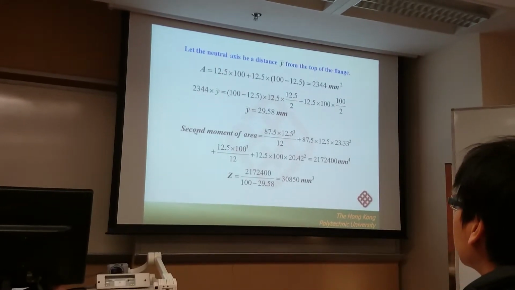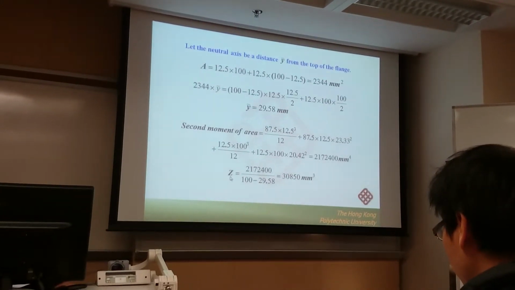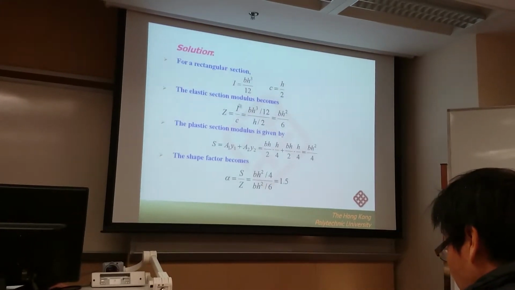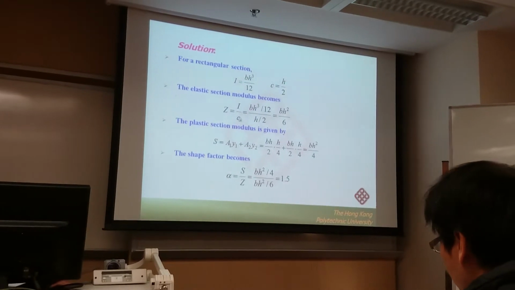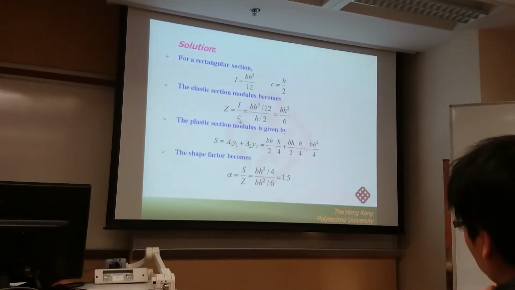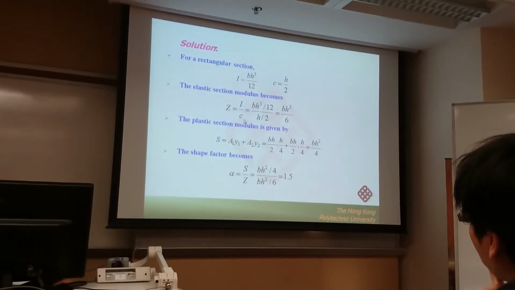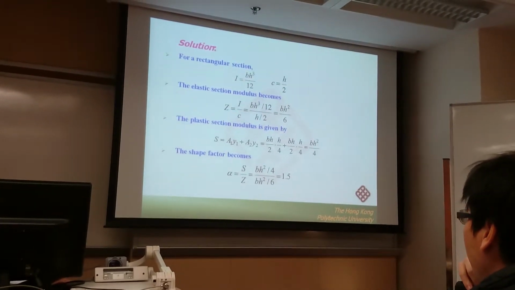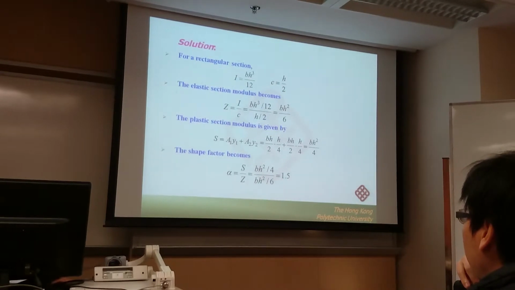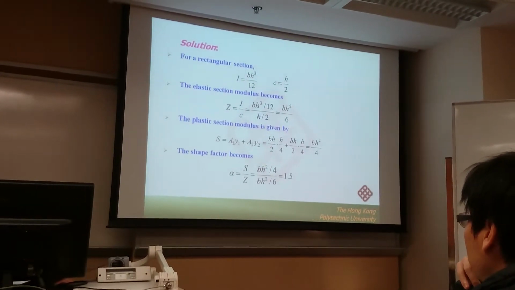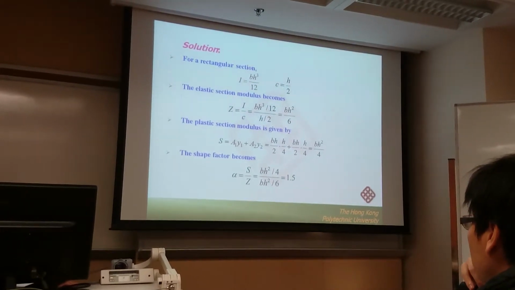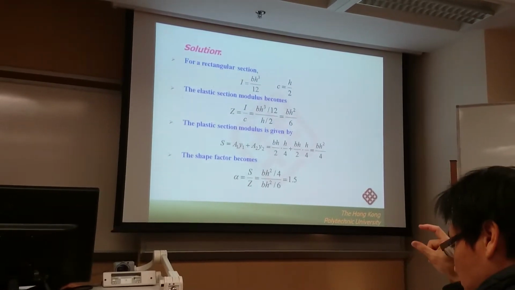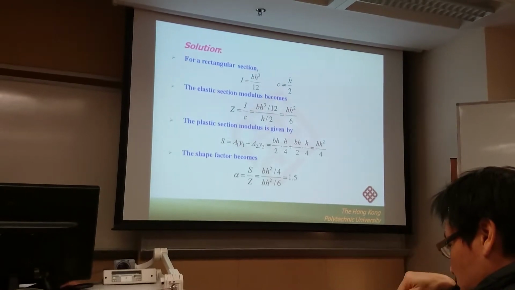After obtaining the second moment, we can obtain the elastic modulus. According to the formula given here, it is equal to I/C. But please understand, we have two values of C. C means the distance between the neutral axis location to the outmost edge of the section. We have two outmost edges, one is the top of the section, the other one is the bottom of the section.